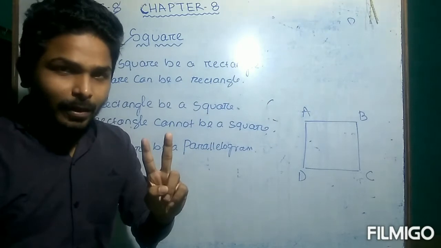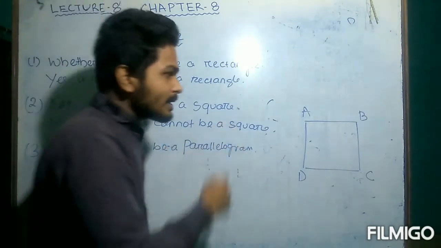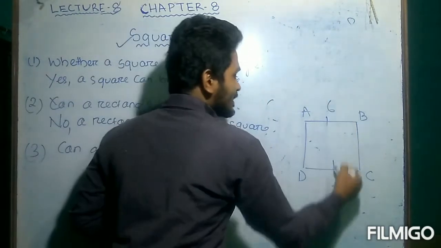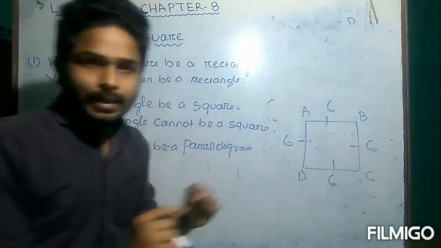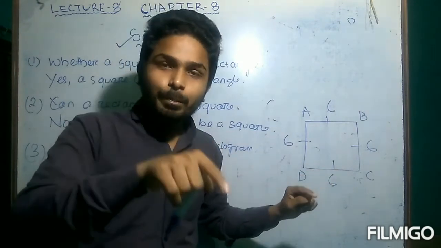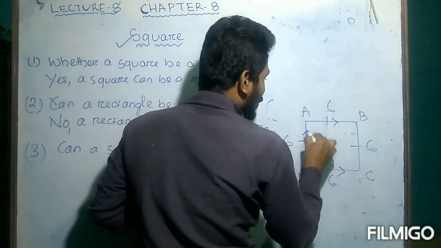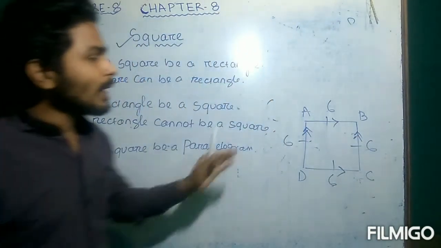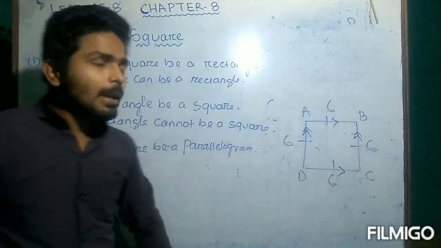The second property of a parallelogram is that the opposite sides are equal. Here you can see this side is equal to this side. We know if it is 6, it is 6. If it is 6, it is 6. So opposite sides are equal. Clear. Third property, the opposite sides must be parallel in case of a parallelogram. Here also in case of a square, the opposite sides are parallel. Hence we found that a square satisfies all the three basic compulsory properties of a parallelogram.